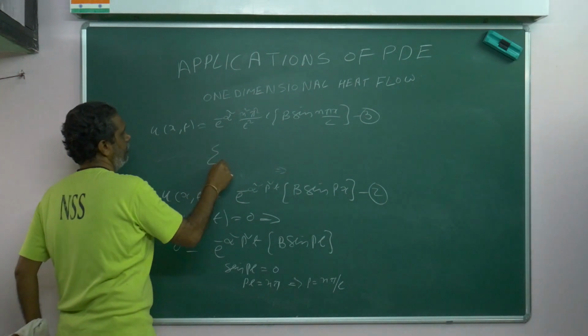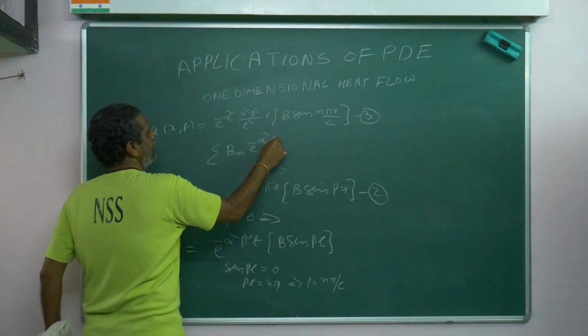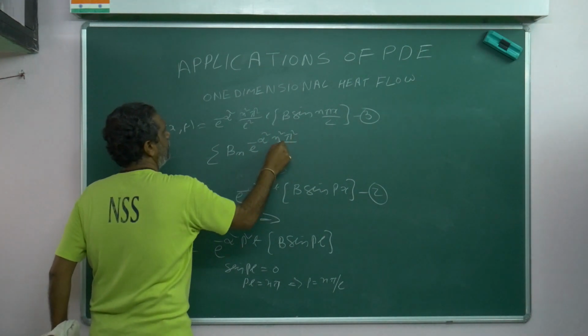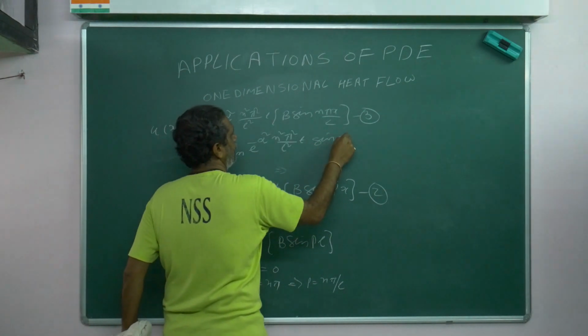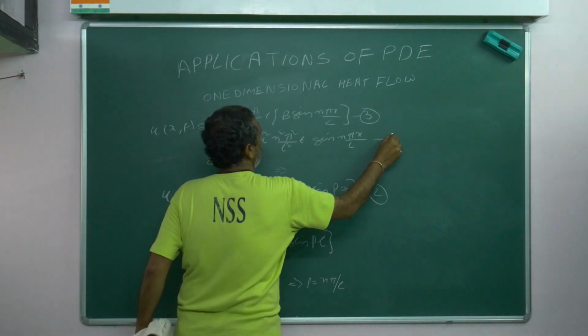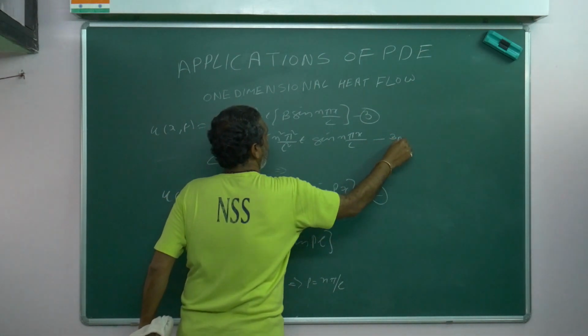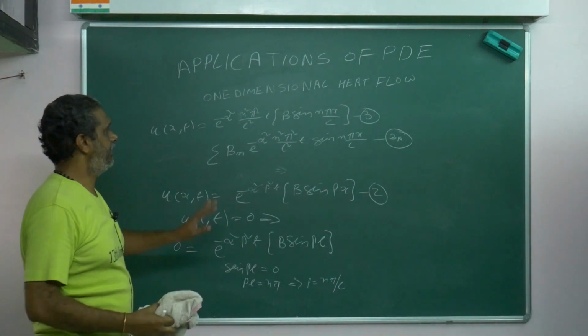So I will use sigma notation: sigma Bn e power minus alpha square n square pi square by L square t sin n pi x by L. This is the general solution. This is the last stage I reached here.